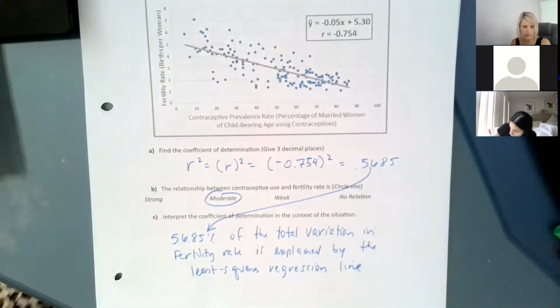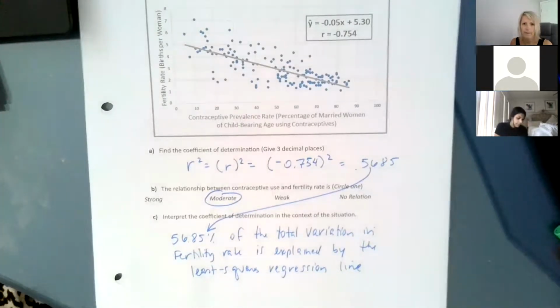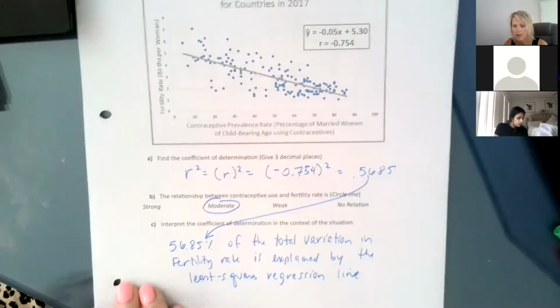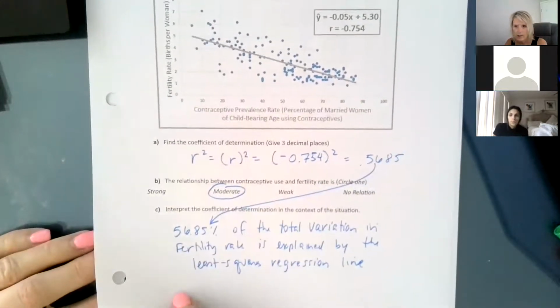That's following our gold sheet. Any questions on that one? No.